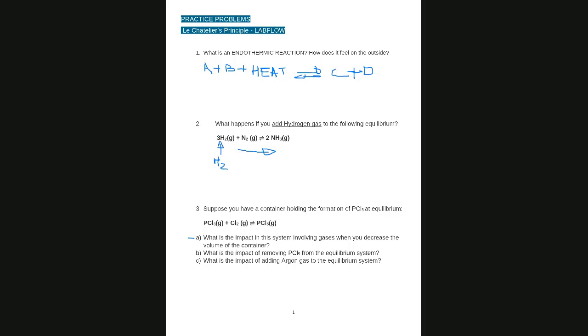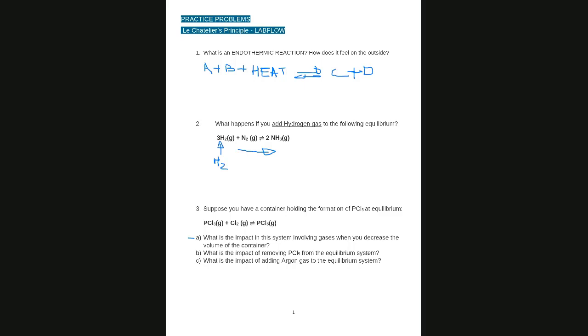Yes, you're right. So going back, there are 2 ways of changing the overall pressure of the system.